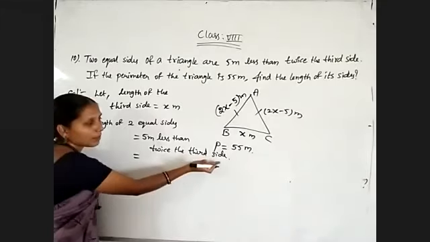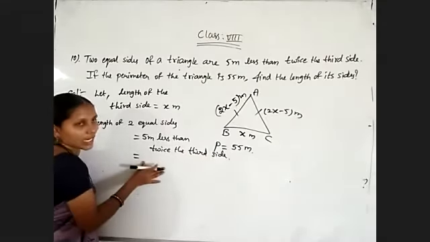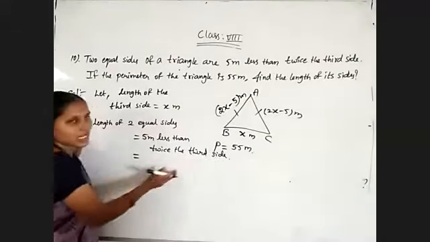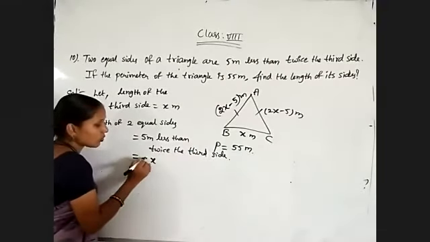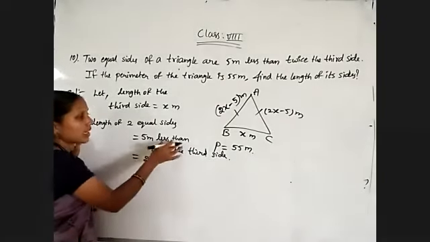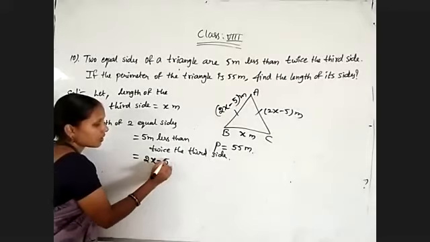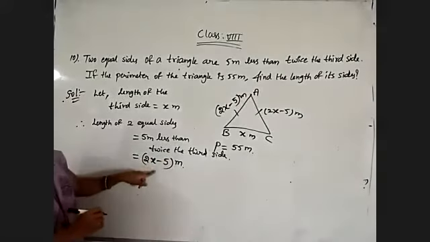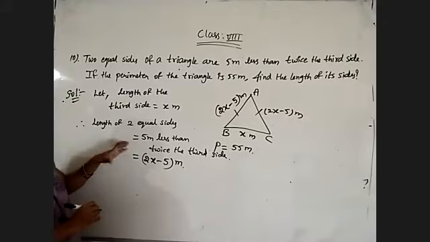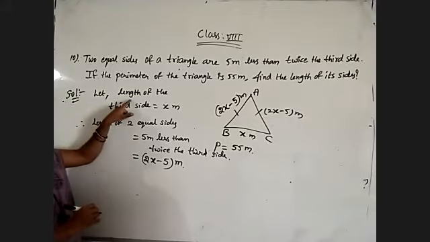As I told you, come from the back onwards. While writing the expression, come from the back side onwards. Third side length is x. Twice means 2x, 2 into x. Less than means minus 5. So what is the length of the remaining two sides? 2x minus 5. So for a triangle, total 3 sides: this is 2 equal sides and 1 unequal side.